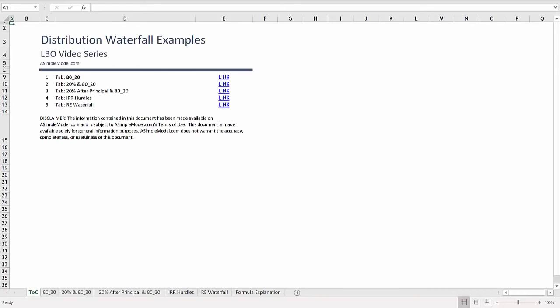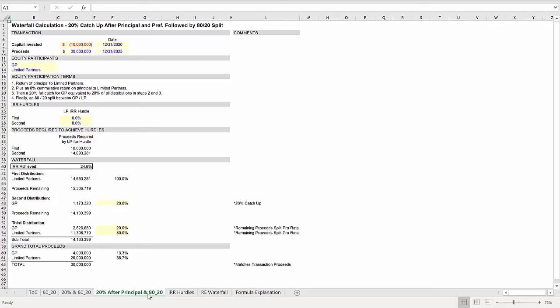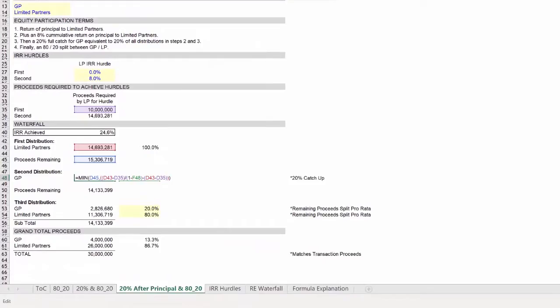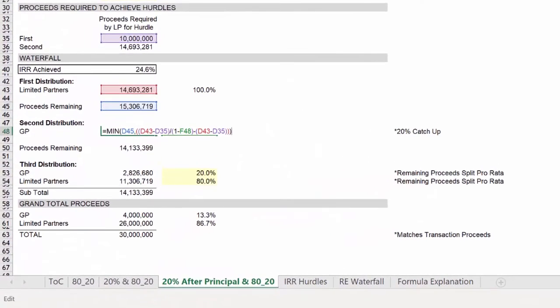So back in the workbook, now we can go to the tab titled 20% After Principal and 80-20. And on this tab, the only thing that has changed from the prior tab is the calculation for the catch-up in cell D48. Whereas before, we divided the entire first distribution of roughly $14.7 million by 80%.